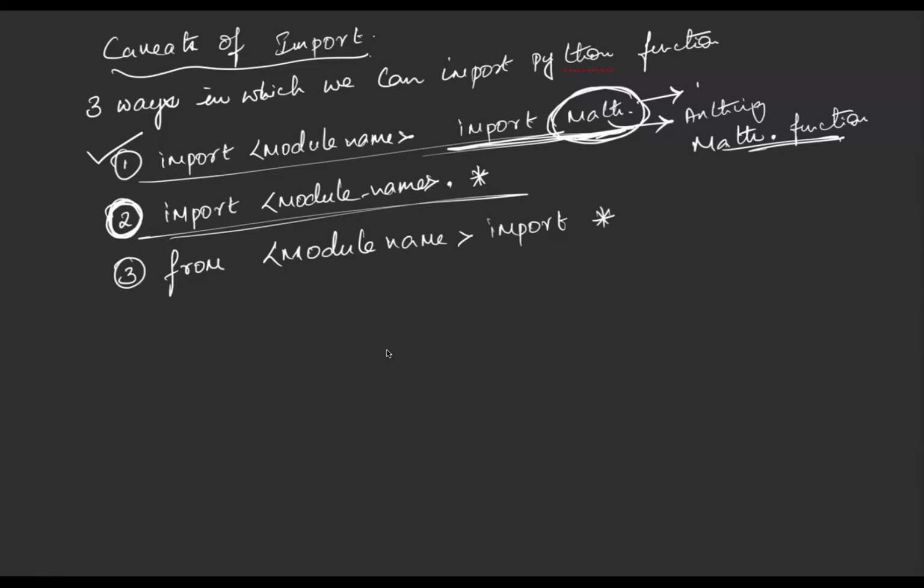Because what we are doing here is saying import math dot star, which means we are not bringing the math bag. Instead, we are taking each and every function from this bag and bringing them. After importing like this, to use the ceil function, we don't have to say math dot ceil.